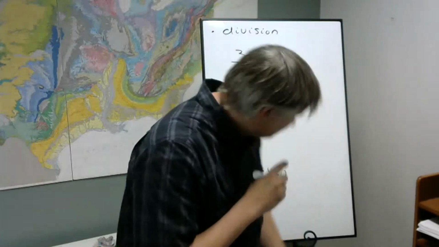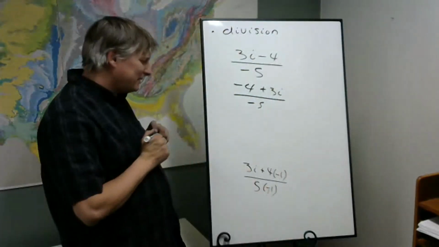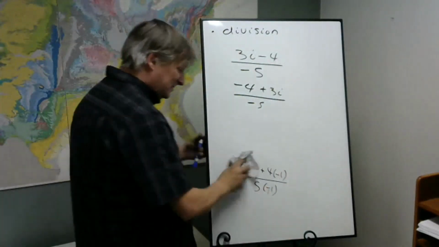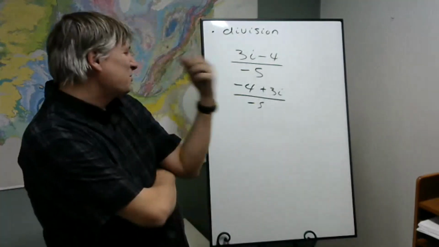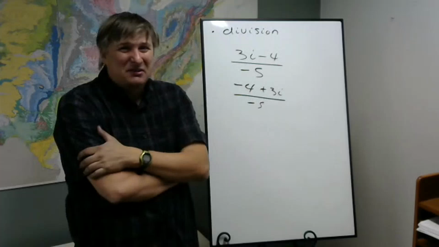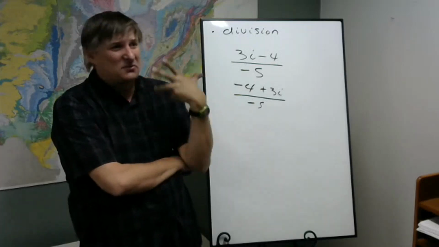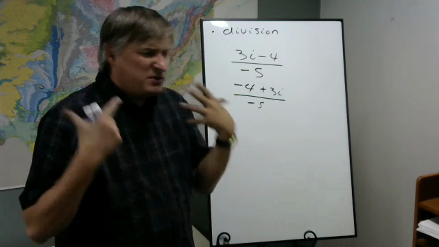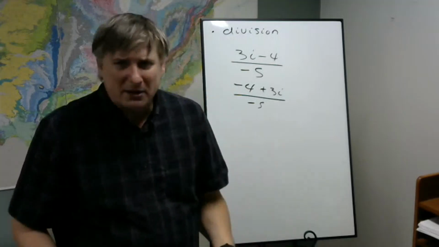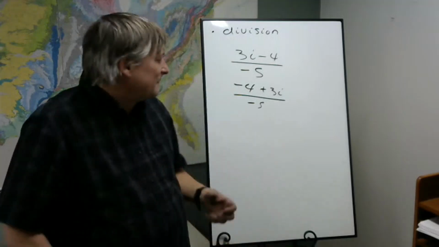Now, what will typically happen here, and this is math people being kind of sticklers, we try not to have negatives in the denominator either. We want our denominators very simple. Positive numbers, no negative exponents, no radicals, no i's.